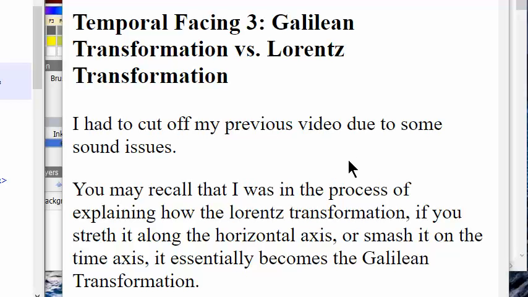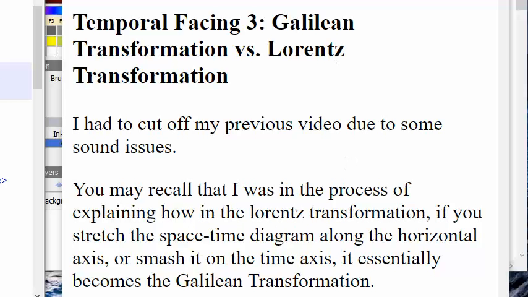You may recall that I was explaining how the Lorentz transformations, if you stretch the space-time diagram along the horizontal axis or smash it along the time axis, essentially become a Galilean transformation.